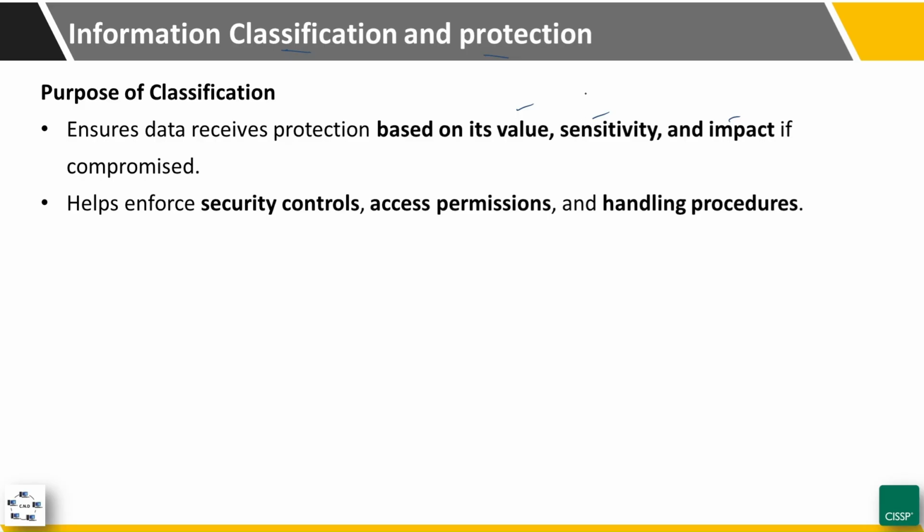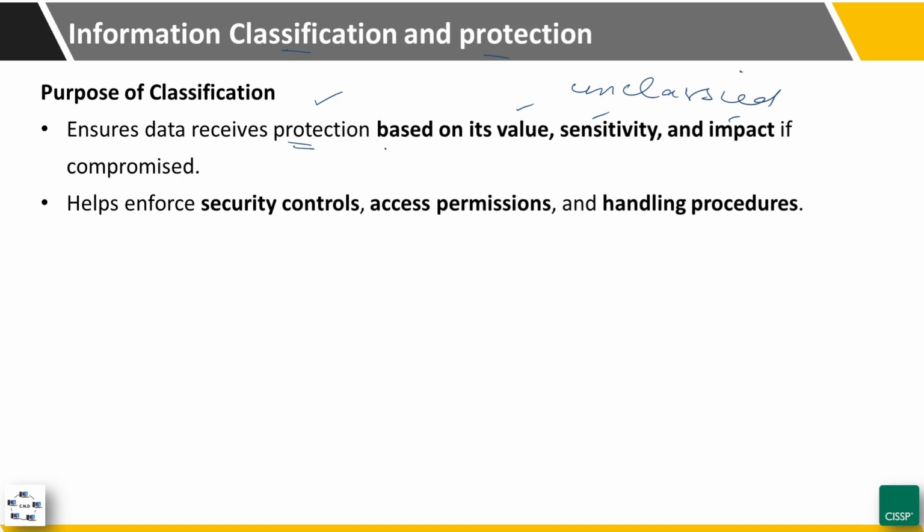This means that, let's suppose, if data is of less sensitivity, we can say it is unclassified data, so we don't need to employ very strong protection, because protection and security controls are not cheap. They cost the organization.